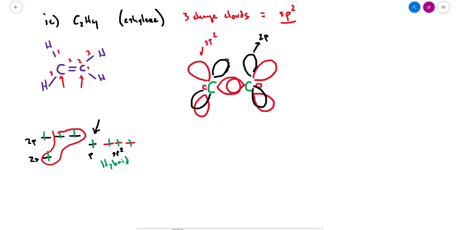Okay, so right off the bat, we've got the electrons right here in this sp2 that overlap. That forms that nice single bond between the carbons. We've got an electron hanging out in that orbital, electron there, electron there, and electron there. But then each of the carbon atoms has its own electron hanging out in its respective unhybridized p orbital.